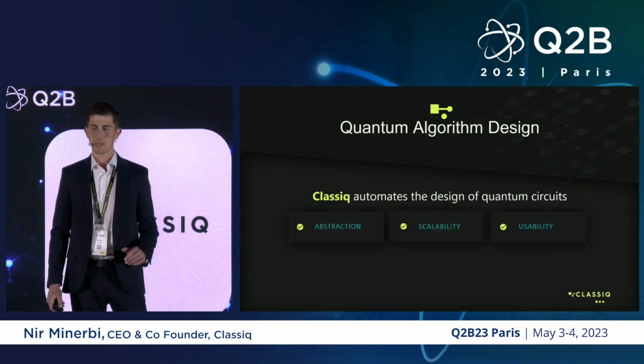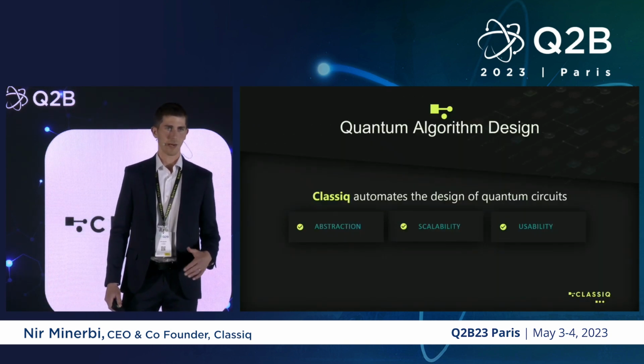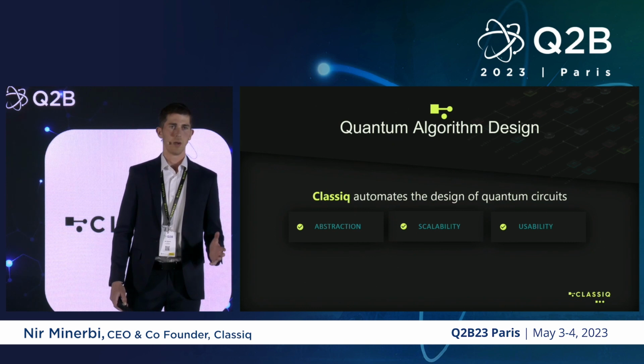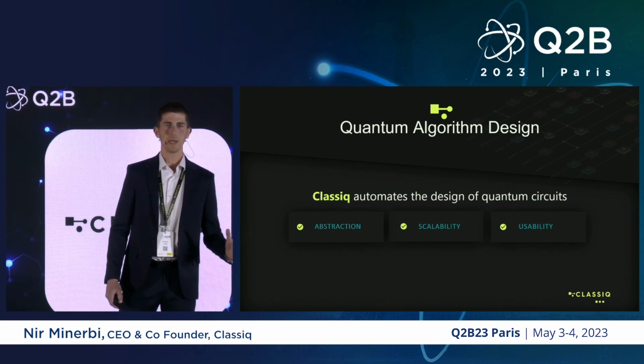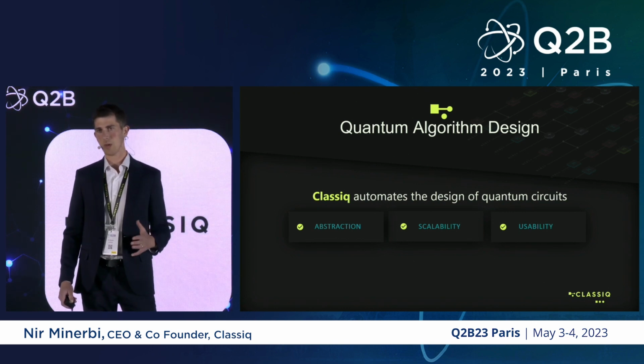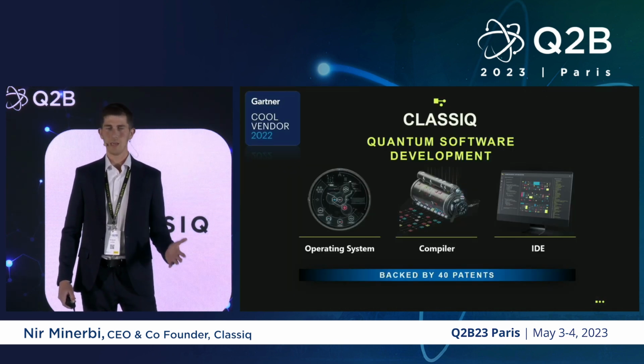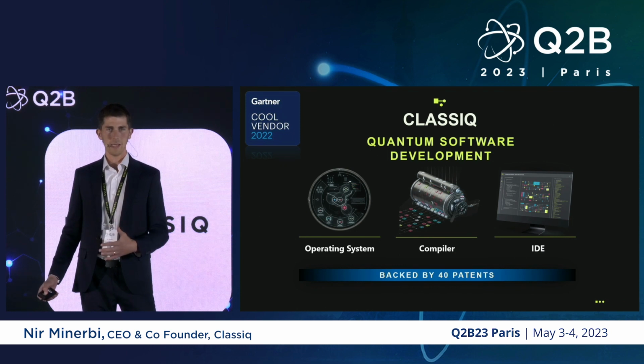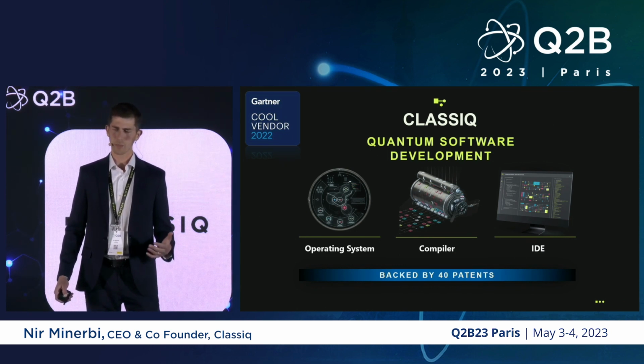And this is what Classiq brought to quantum software. Classiq automates the design of quantum circuits. By bringing these design automation methodologies to quantum software, we have built the operating system, the compiler, and the IDE for large-scale quantum software development.